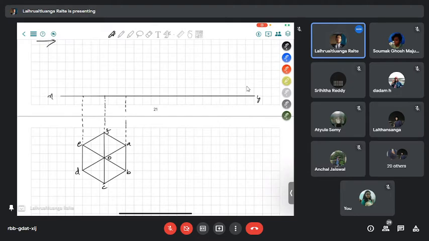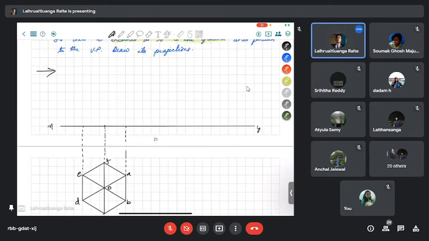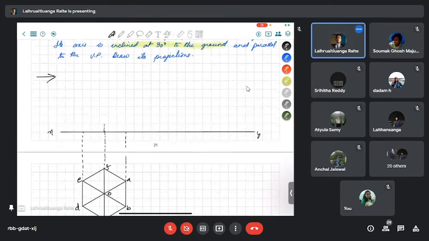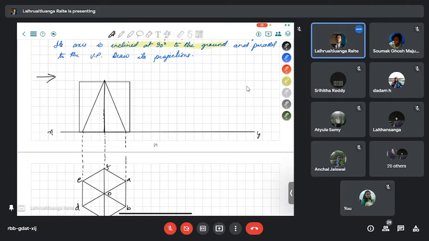So what's the axis? The axis is 60 mm. All right, so it will go on like this. So we will have one that looks like an isosceles triangle or two right angle triangles.